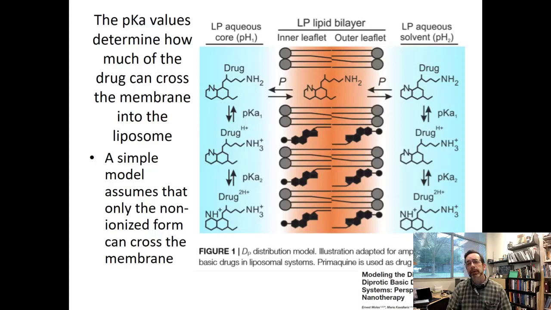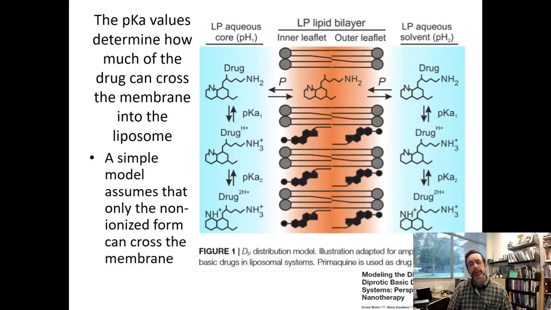This is basically a model. This looks like the ion trapping that we just talked about. It just adds on another pKa because we have another group that can be charged or not. So a simple model is just like that. It's just like what we mentioned.